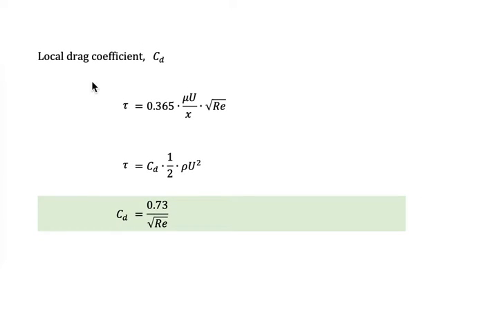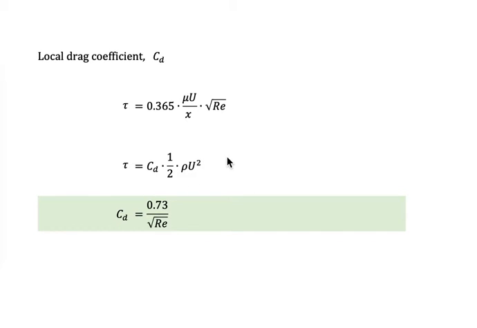Okay, let's go for local drag coefficient, C small d. As we know from the previous calculation, tau is 0.365 mu u over x times square root of Reynolds number, and from the common equation for local drag coefficient, tau is equal to C d times 1 over 2 rho u square. This equation is actually similar to the common equation of drag force, which is equal to C D times 1 over 2 rho A u square.